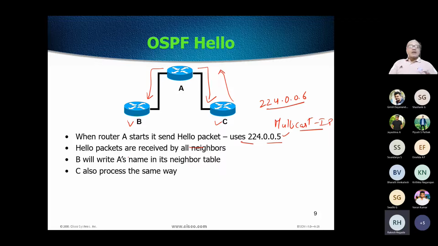Hello packets are received by all its neighbors. So B will write A as its neighbor, and C also writes A as its neighbor. This is how they will form the adjacency.